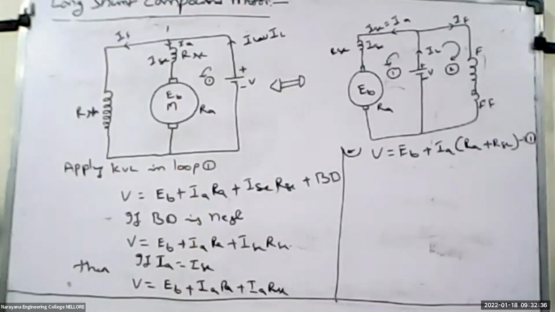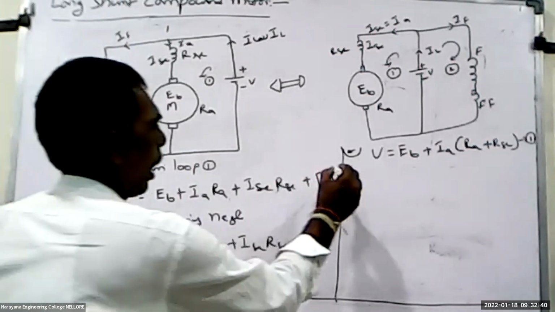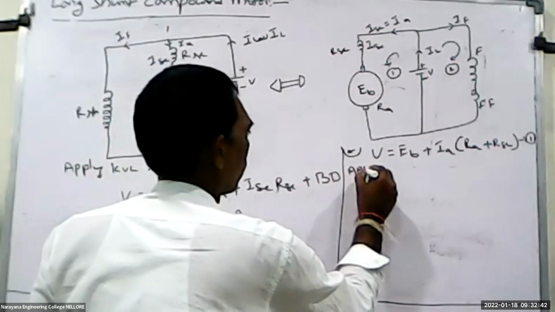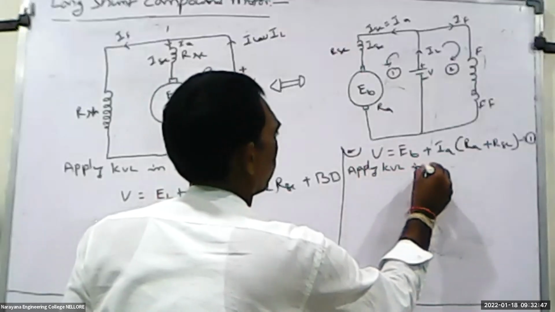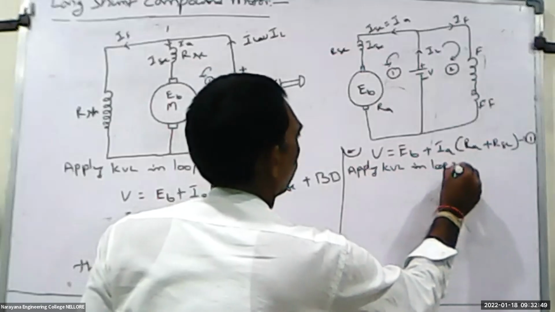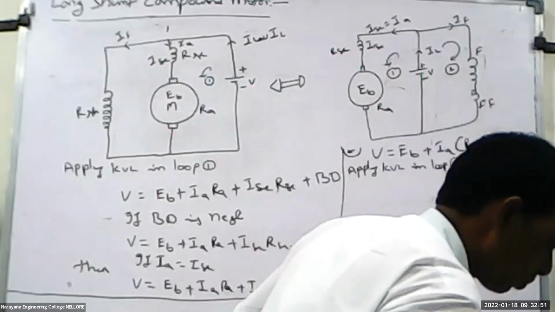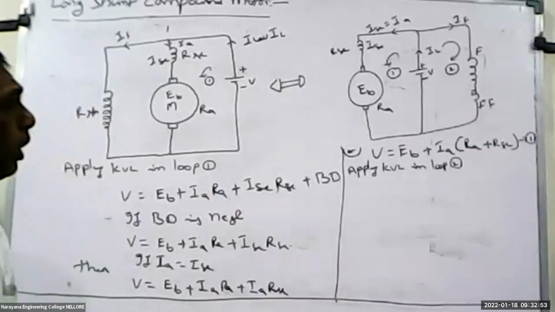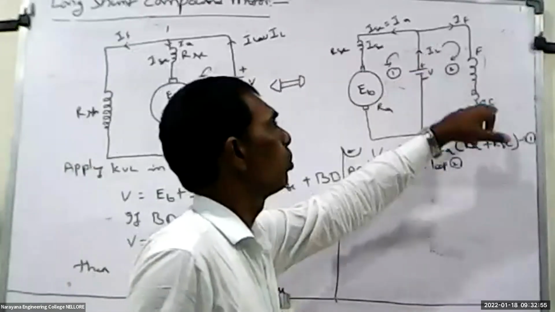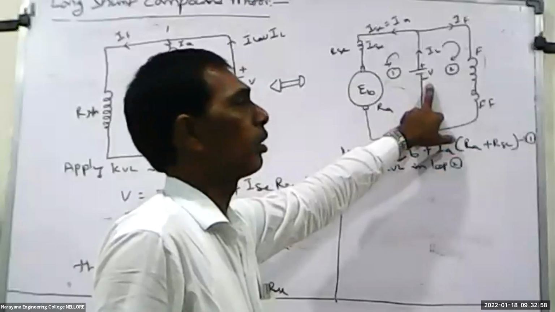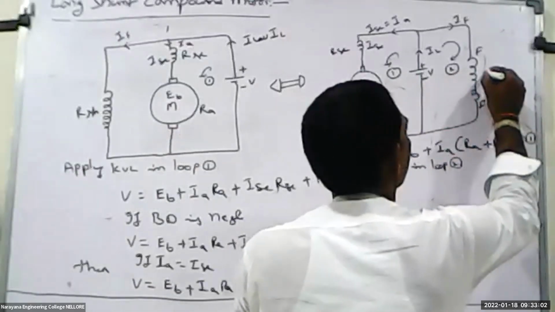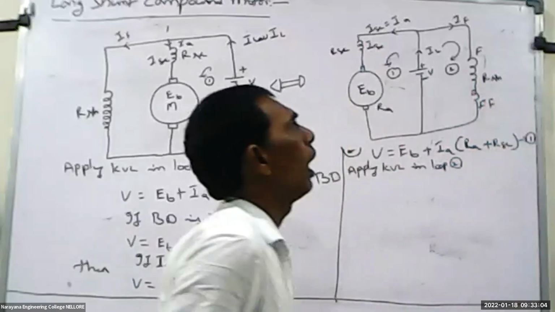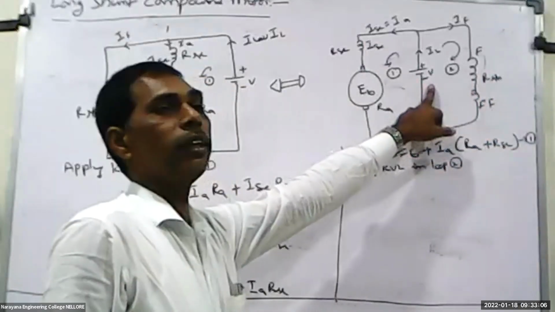Now we'll go for loop 2. Apply KVL in loop 2. What is the voltage drop here? The voltage drop is the drop across the shunt field winding. And what is the voltage rising here? Supply voltage.